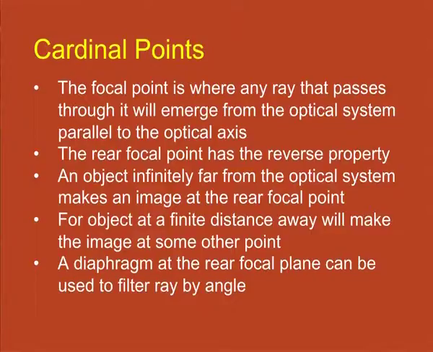An object infinitely far from the optical system makes an image at the rear focal point. An object at a finite distance away will make the image at some other point. A diaphragm at the rear focal plane can be used to filter rays by angle.